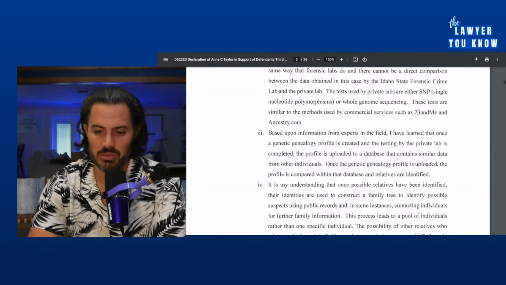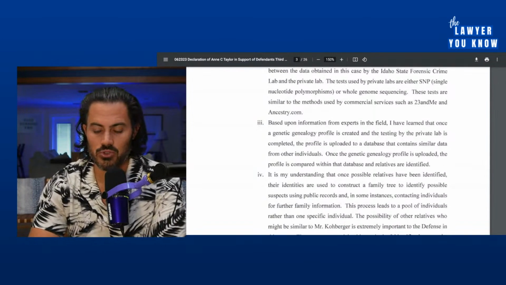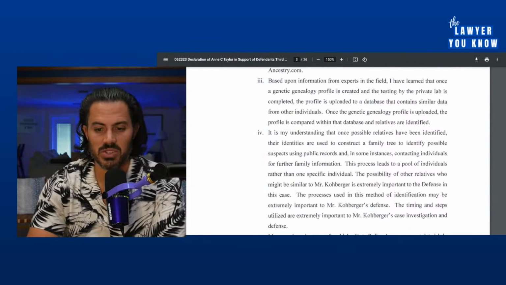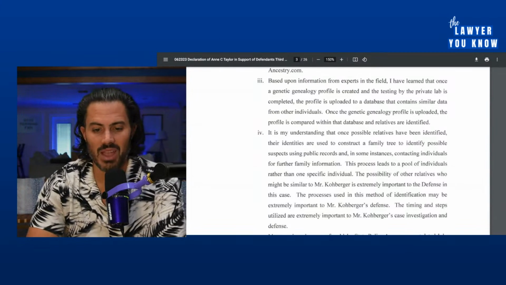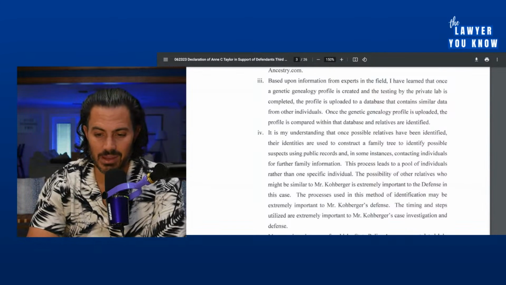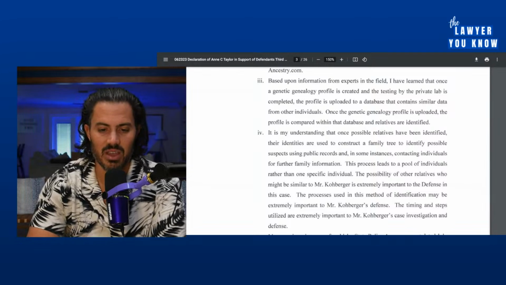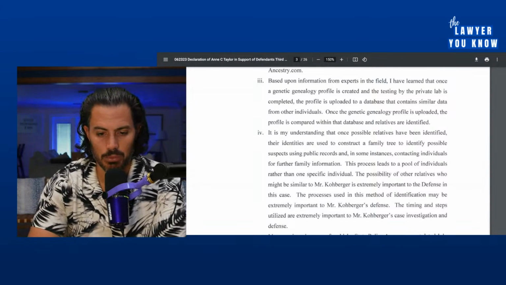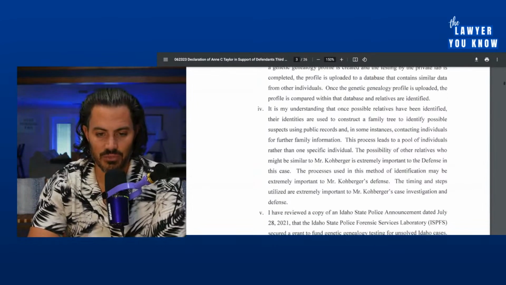These tests are similar to the methods used by commercial services like 23andMe and Ancestry.com. Based upon information from experts in the field, I have learned that once a genetic genealogy profile is created and the testing by the private lab is completed, the profile is uploaded to a database that contains similar data from other individuals. Once the genetic genealogy profile is uploaded, the profile is compared within the database and relatives are identified.